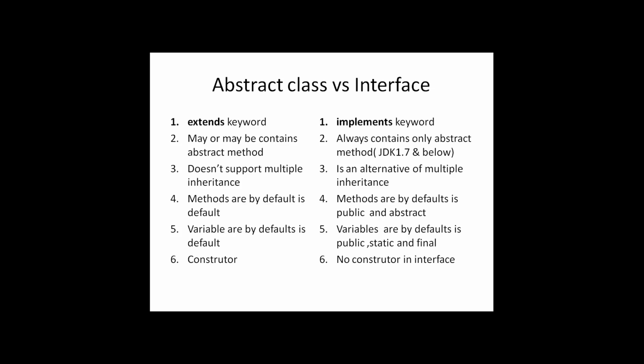Fifth difference: class members have the default access modifier by default, but interface variables are by default public, static as well as final. And obviously every class can have a constructor, but an interface doesn't have any constructor. So those are the main differences between an abstract class and an interface. Is that clear?